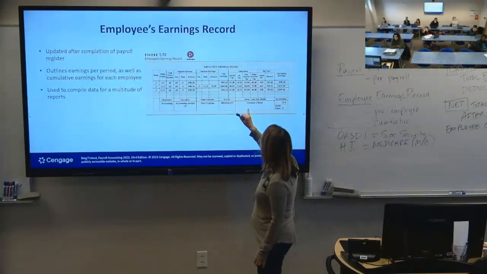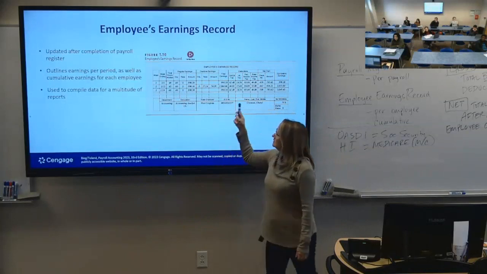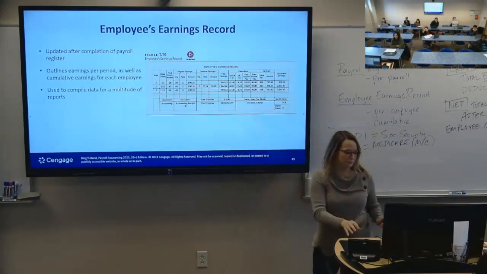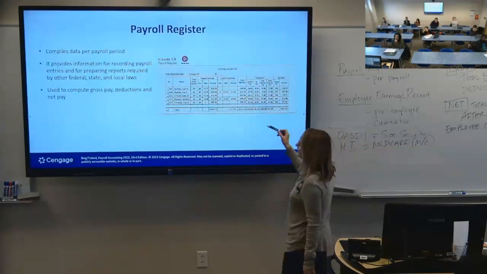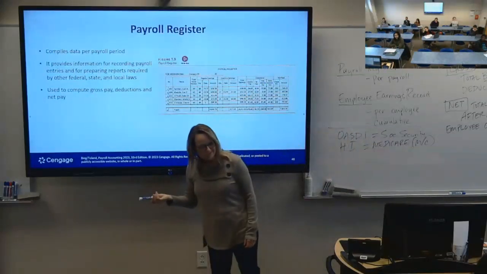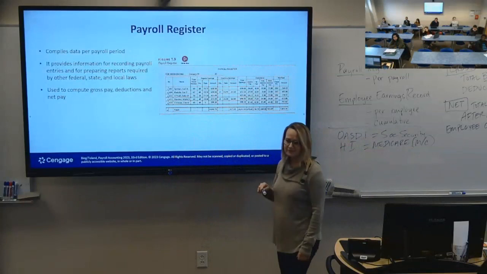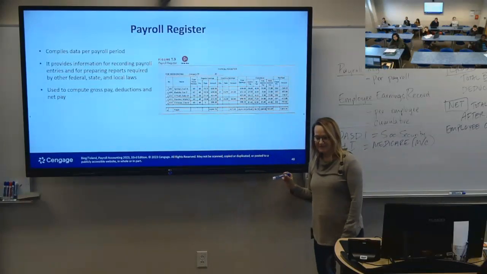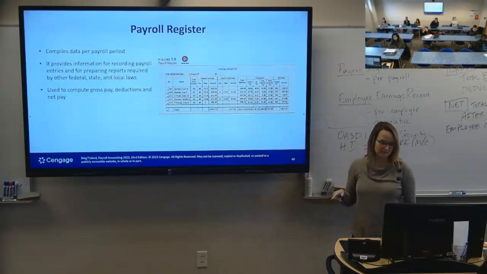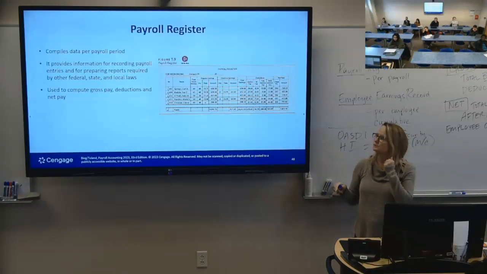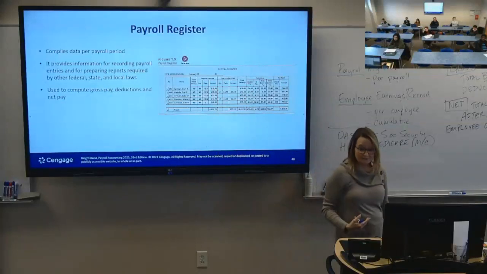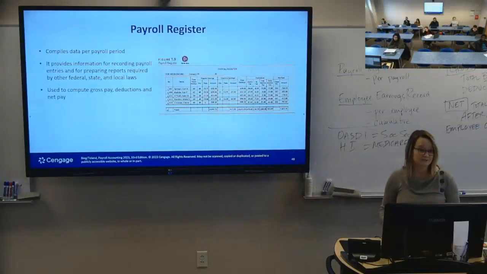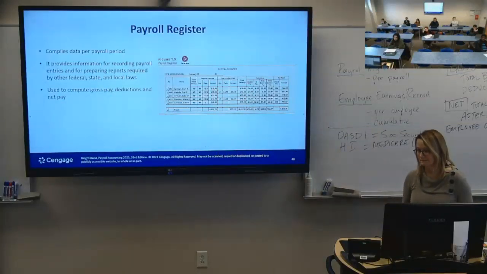So this is Cheryl Croson's. If you recall from the last slide, she is salaried. Now Cheryl's kind of weird. She's salaried, but she's entitled to overtime. When we get into the next chapter, you'll see that there are certain instances where salaried individuals are actually entitled to overtime pay.